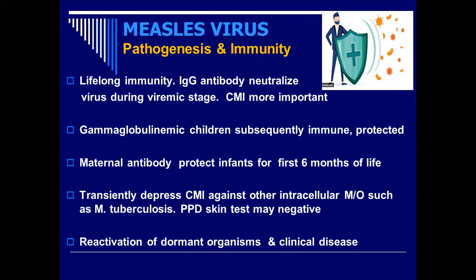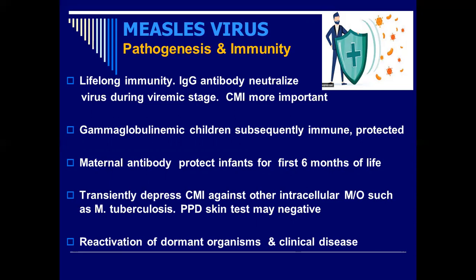The transient depression of cell-mediated immune response against other intracellular microorganisms has also been observed with the infection of measles virus. This means that if an individual is infected with the measles virus, their cell-mediated immune response may be transiently depressed, and the individual may be exposed to other microorganism infections like Mycobacterium tuberculosis.